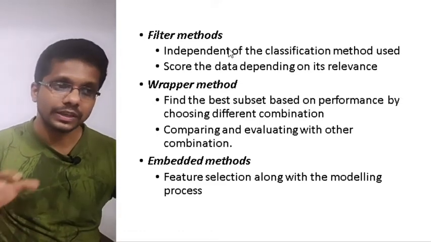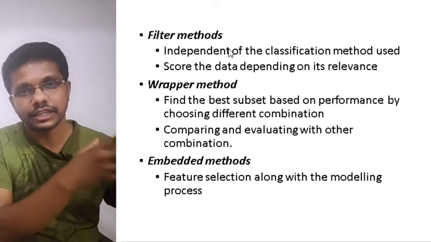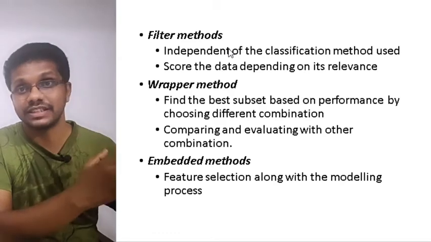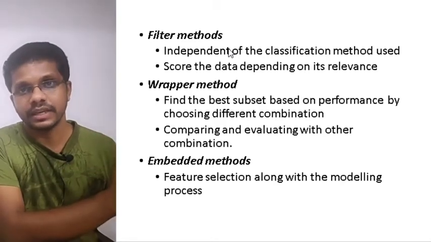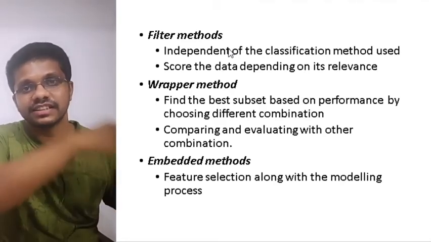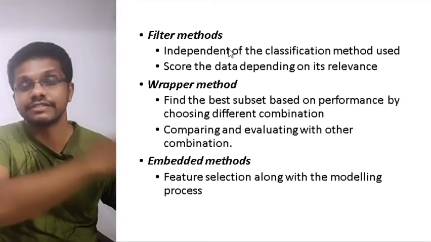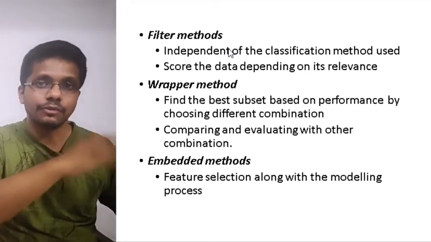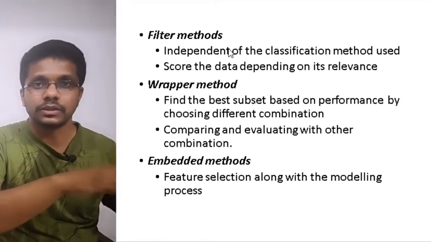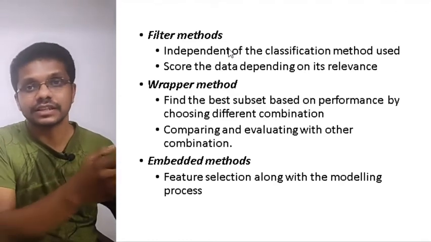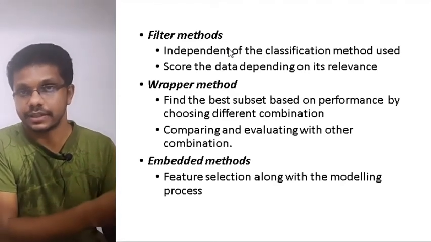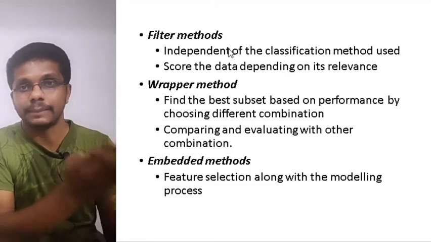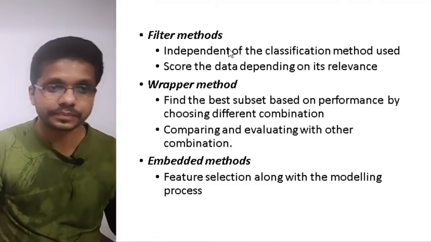So in dimensionality reduction, what we really do is reduce the number of features associated with the data. When the number of features is high, it is very difficult to compare. If we avoid the non-important or unrelated features, the number of features associated with the data will be less, so we can easily compare with the other data set.